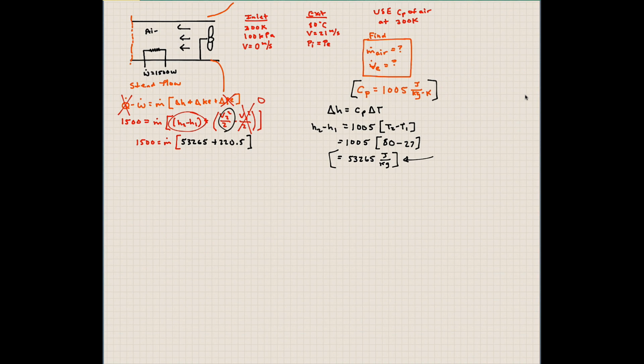Anyways, we can go ahead and solve for our mass flow rate. Our mass flow rate here would be 0.028 kilograms per second. Okay. And now let's also find the exit volumetric flow rate for the dryer.